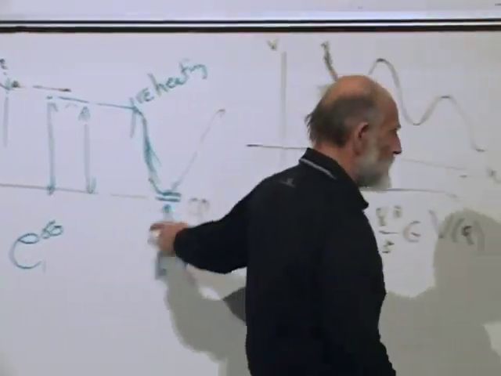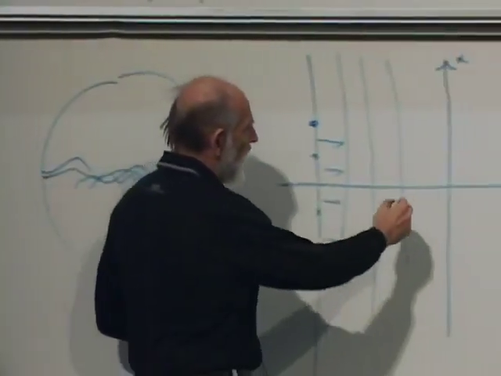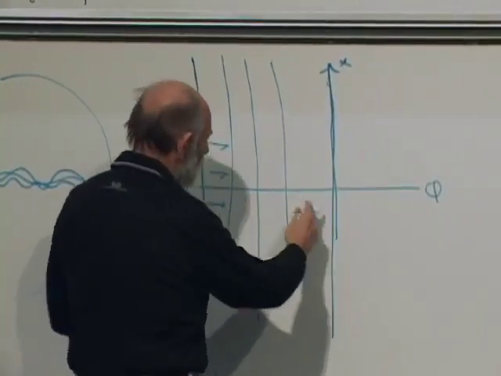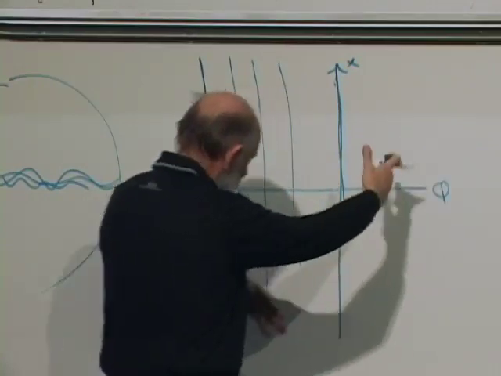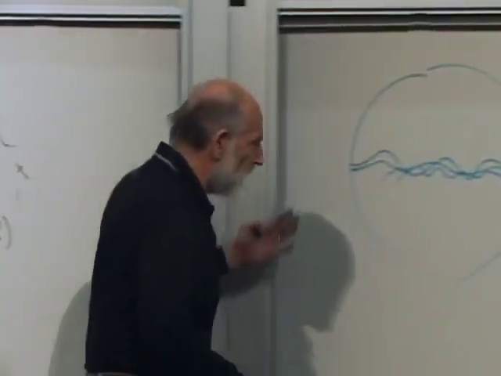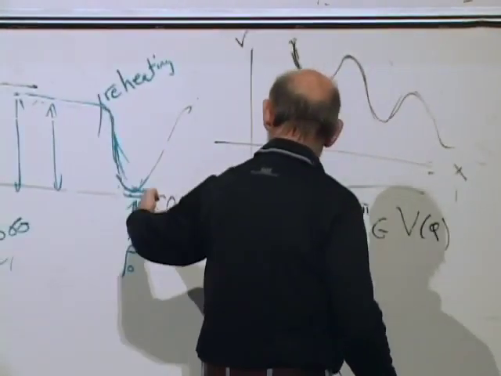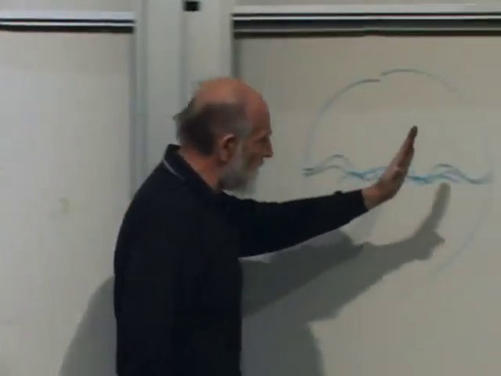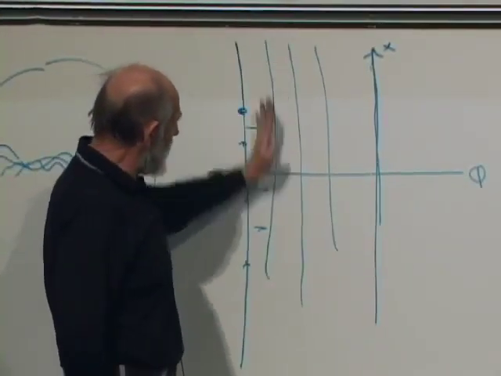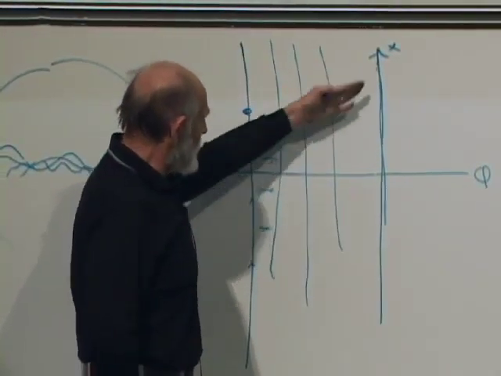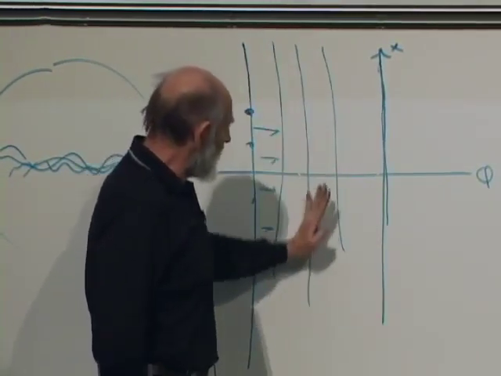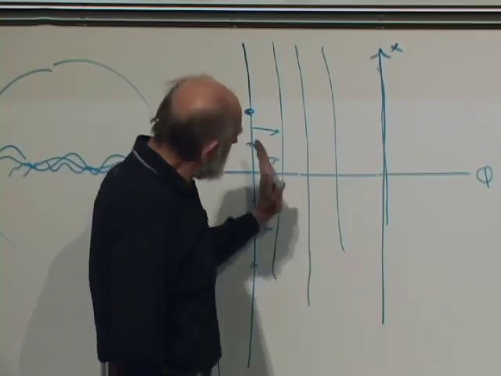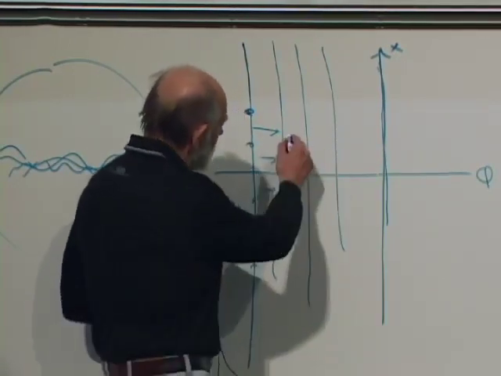When it got to the edge, that's the value of phi where reheating occurs. It would suddenly fall down, and you have a sudden change in phi. So with time, if you plotted phi as a function of position, it would be constant, constant a little later, constant a little bit later, slowly drifting to the right.